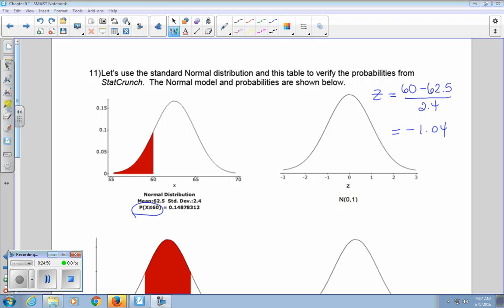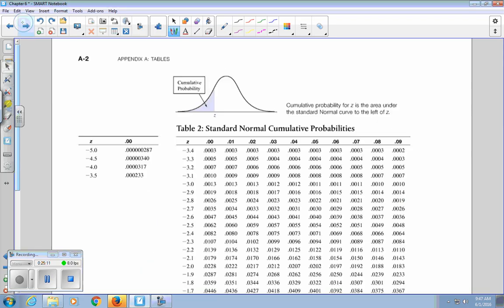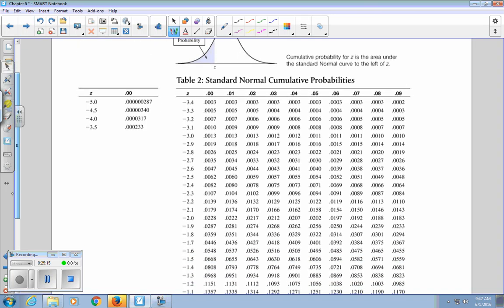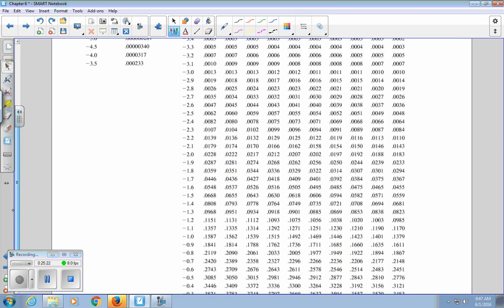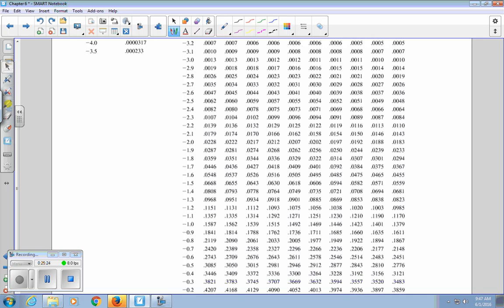Okay, so always we want to sketch in the area that we're interested in. We want to find the probability that we're less than negative 1.04. And we're going to use a table, which I said is included in your packet. So to find this probability, we go down the Z column until we find negative 1.0. So here we are.